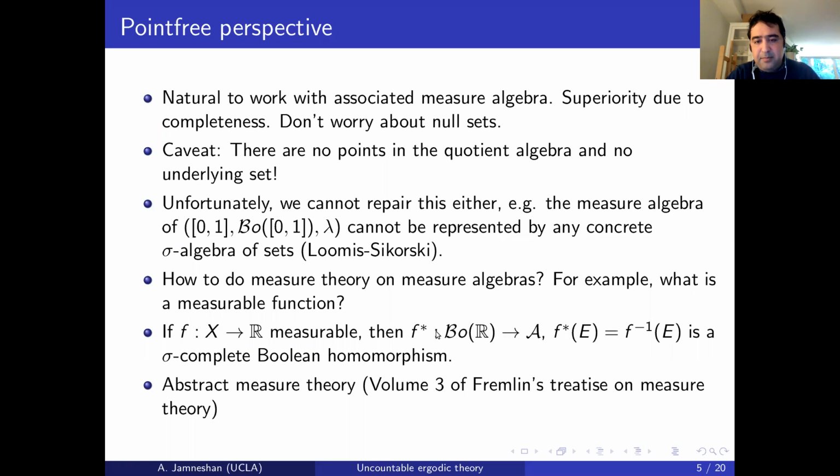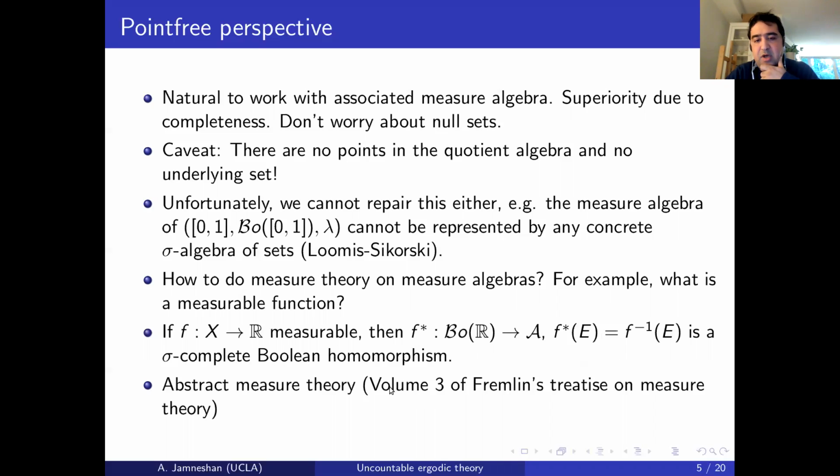So the pullback map maps any element of, let's say, the Borel sigma algebra of the reals to the sigma algebra by just taking its inverse image. And it is an elementary exercise to check that this pullback map is a Boolean homomorphism. It means that it respects the Boolean operations.